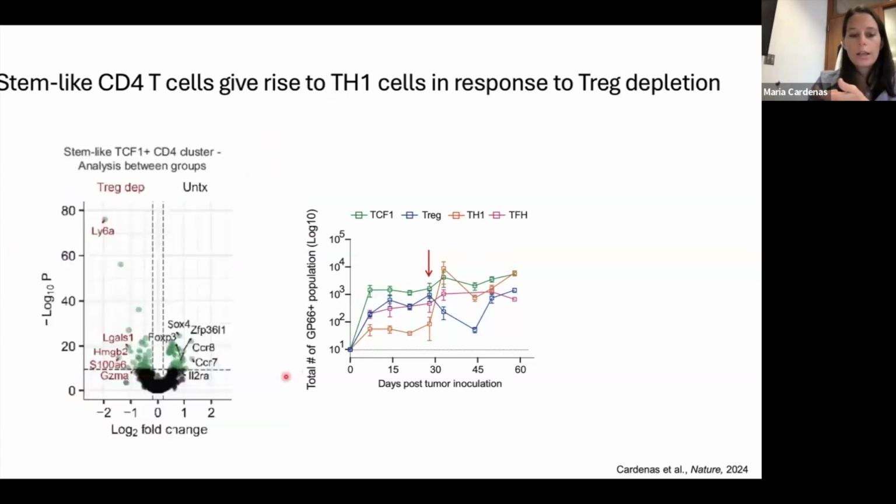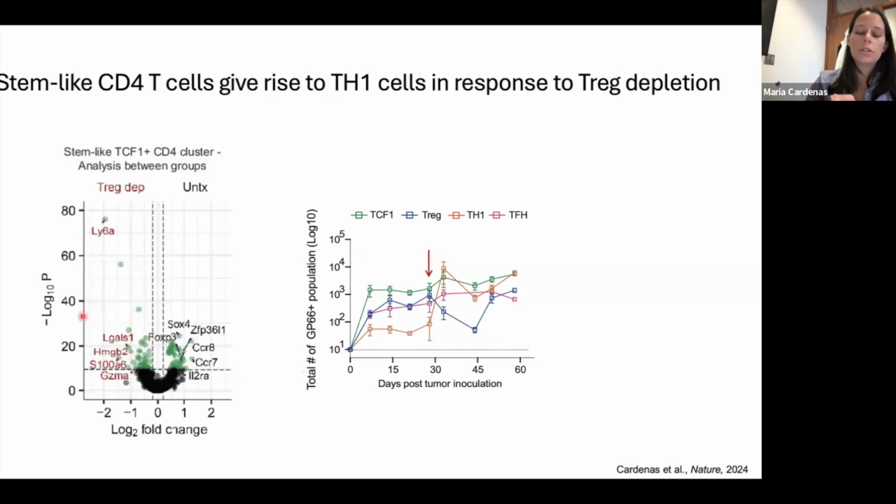And what's important is that the stem population itself is really undergoing changes after Treg depletion, right? It's maintaining its score of stem-like, right? They're still TOX positive, they're still TCF1 positive, and all the things associated with that program. But they're actually undergoing certain changes that suggest transcriptionally they're ready to undergo Th1 differentiation, right?